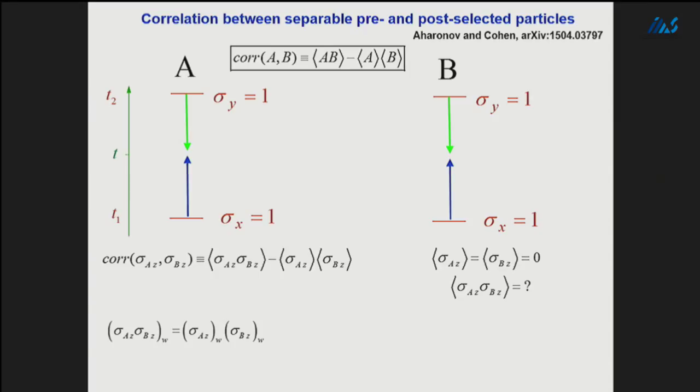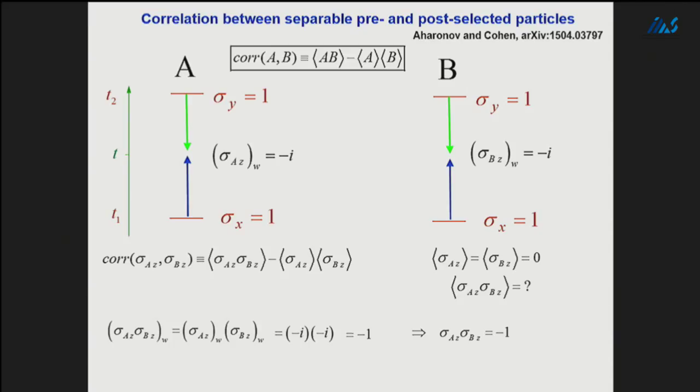Now, we already calculated for this case what sigma az weak is. It was minus i, and of course the same for B, minus i. So here we have minus i times minus i, which is minus 1. Sigma az sigma bz, this operator, can be 1 or minus 1. It's dichotomic. And the weak value equals minus 1. We can use our theorem that if the weak value equals an eigenvalue, then we know that this eigenvalue will occur with certainty. So we are certain that in a measurement of sigma az sigma bz, we will get minus 1.